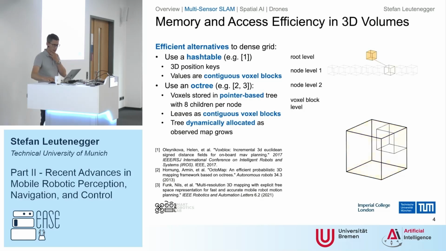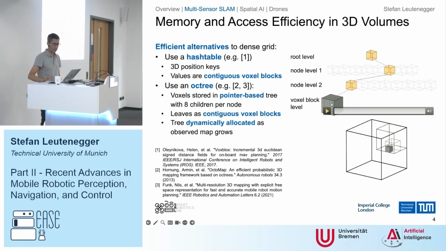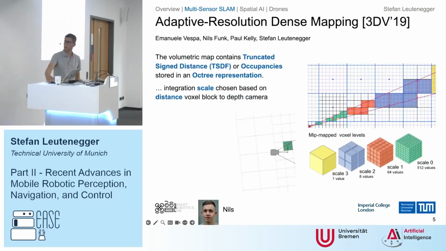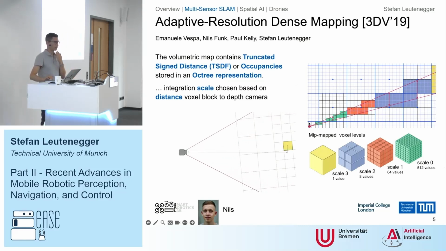So with octrees you use this idea of always subdividing a block, and then maybe you have a dense block at the leaf level of your tree, and you can use this kind of representation quite efficiently. Another advantage of this kind of hierarchical representation is that you can link it to sensor resolution.